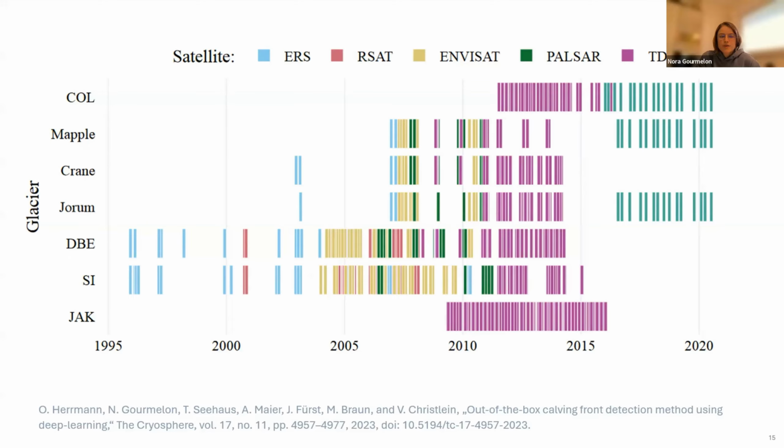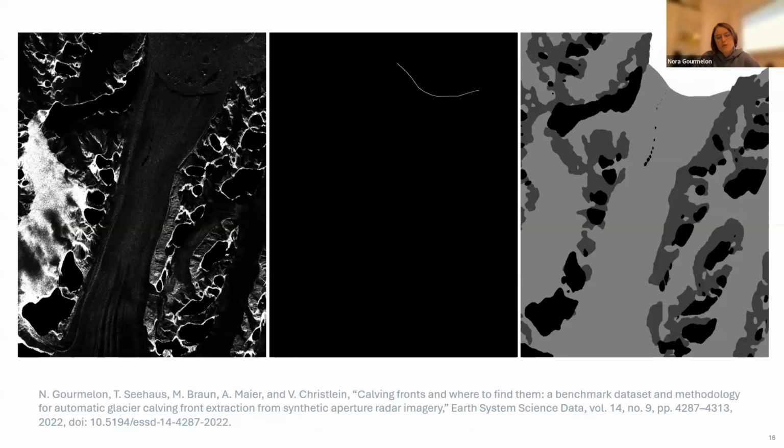For each of the images in the dataset, we have 2 different types of labels. One shows the calving front directly, and the other one is a multi-class segmentation. Here, the white part is the ocean, the light gray part is the glacier, dark gray are rocks, and black is the radar shadow that I explained earlier.